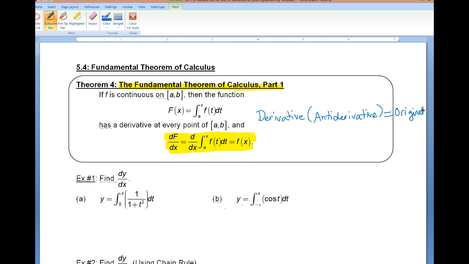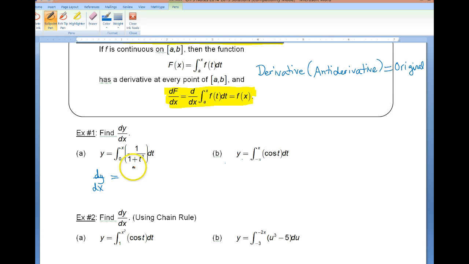Okay, so I'm giving you y. y is defined as an integral. So when I do dy dx, do you see how in the integrand it's with respect to t and then it says dt? Basically, you get back 1 over 1 plus x squared.